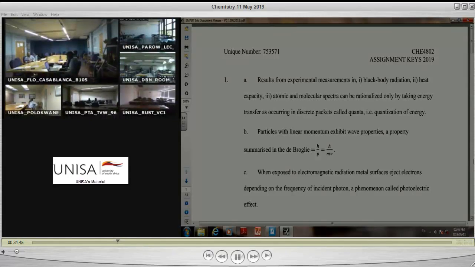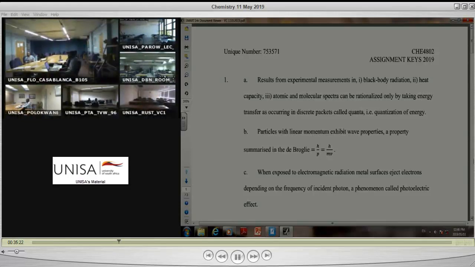Now, you come to a point upon filling your electrons, you run out of electrons. And that orbital that has got the last pair of electrons, you call it the highest occupied molecular orbital, HOMO, highest occupied molecular orbital.